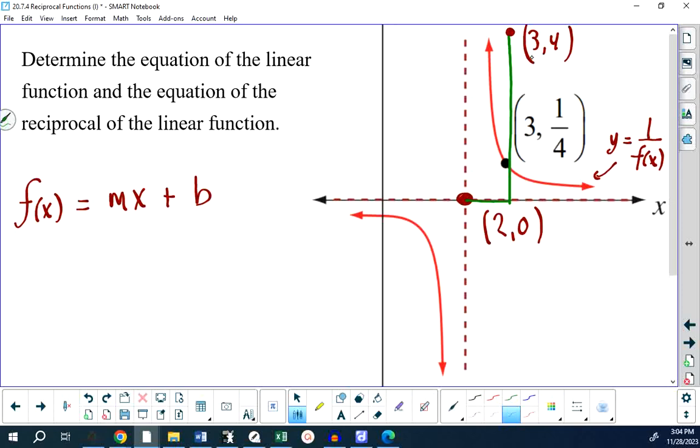Goes over 1 and up 4. I don't even need a slope formula to determine that. From here, it goes 1 to the right, and then it goes up 1, 2, 3, 4. So that makes the slope 4 over 1. And for the final part of this, I'm going to write y equals 4x plus b.